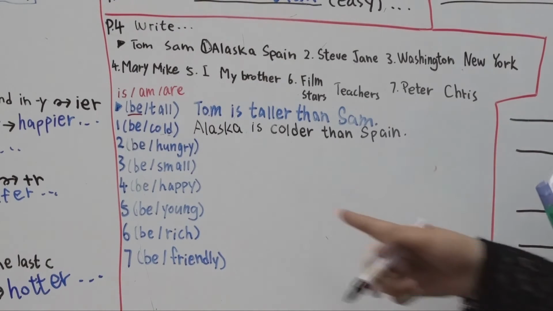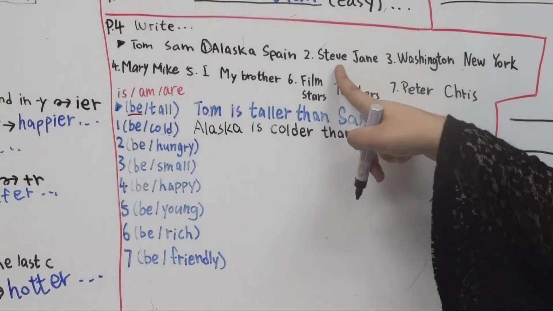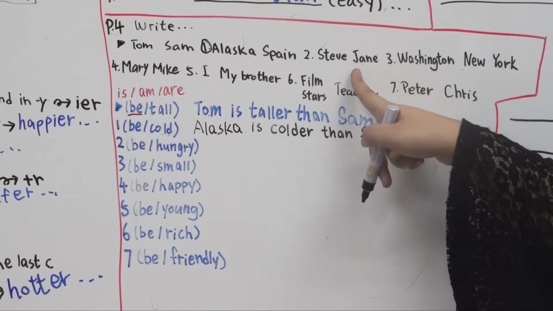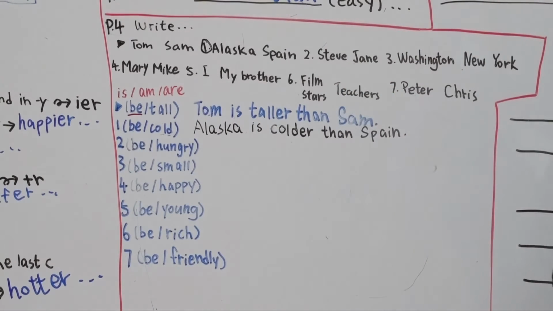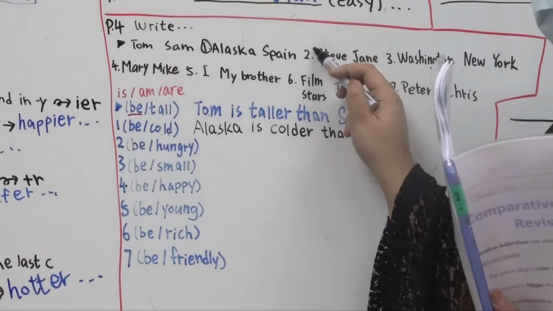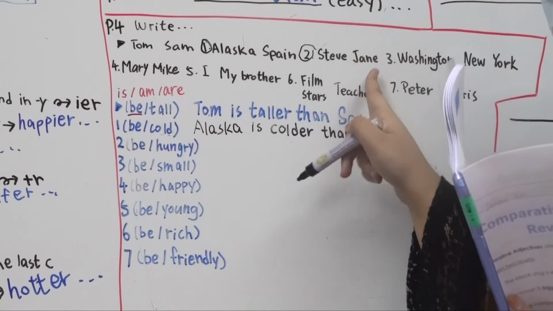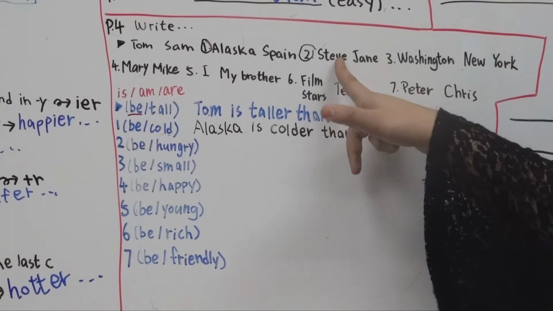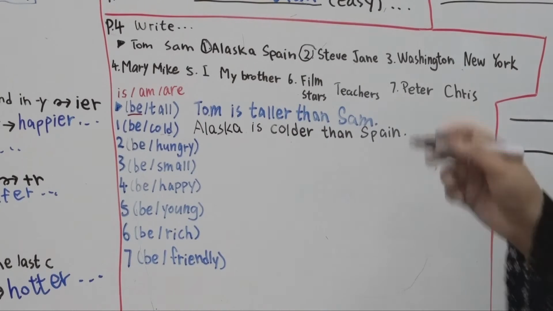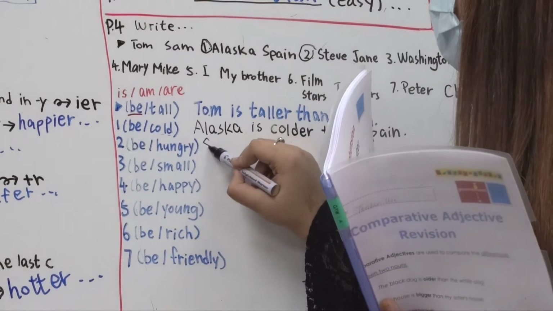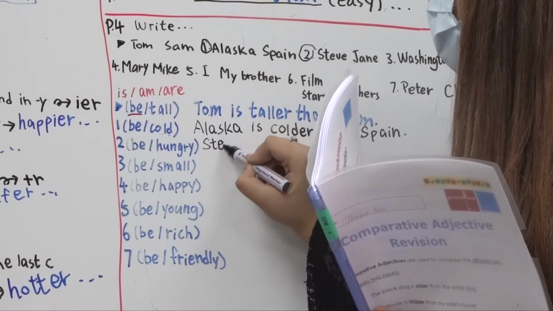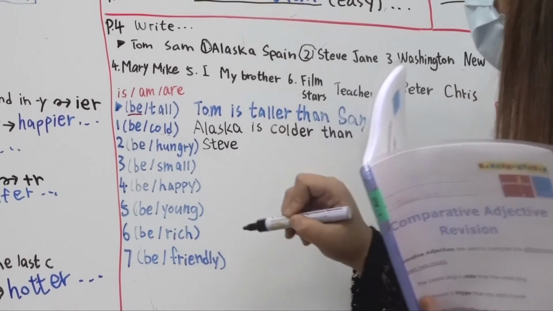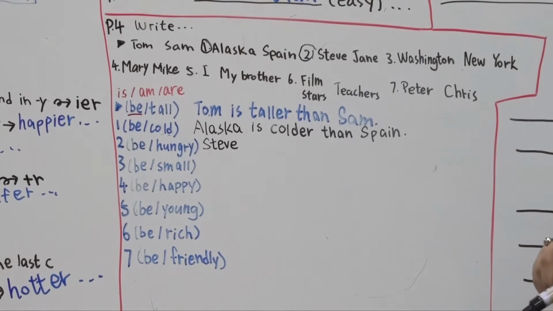Next one. Be and hungry. Steve and then Jane. So according to the picture, Steve is eating something, right? And Jane is just sitting and waiting. So what do you think? Who is hungry? Steve, right? So you have to write Steve first. Steve. Alright, for Steve we use is, am, or are.